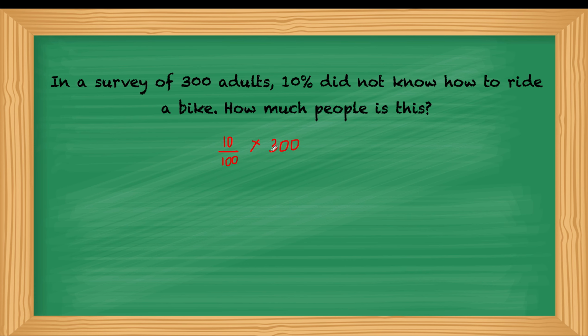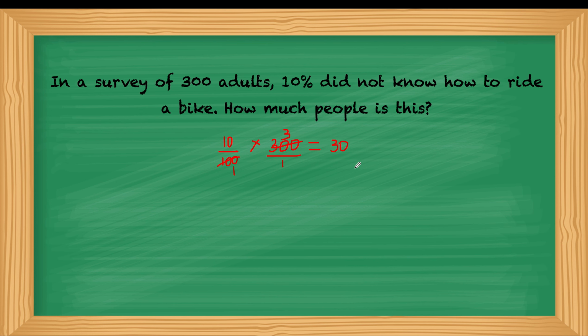And same procedure, we're going to put the 300 over 1 as a fraction, and then we're going to cross multiply. Now I can say 100 into itself goes 1 time, and 100 into 300 goes 3 times. And then I can multiply. So now I'll get 10 times 3, which will give me 30. So 30 people did not know how to ride a bike.